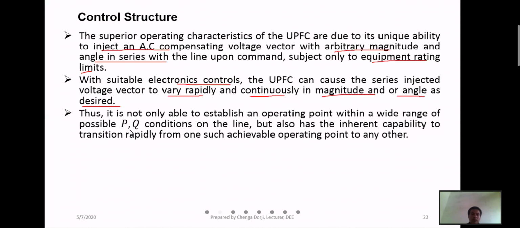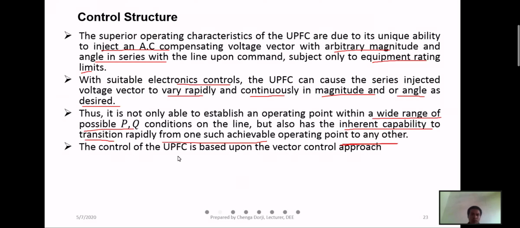Therefore, it is not only able to establish an operating point within a wide range of possible PQ conditions on the line, but, as we have seen in the circle, it also has the inherent capability to transition rapidly from one achievable operating point to any other.